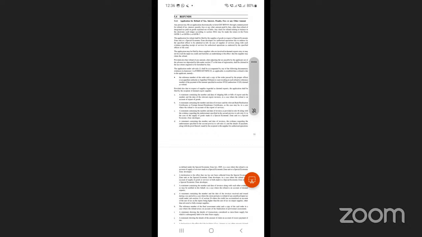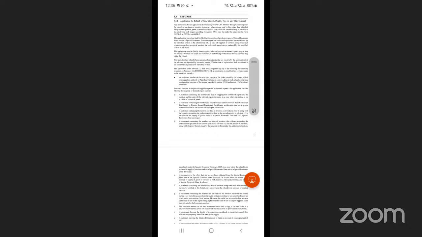When you want the full amount to be refunded, in such a case a specified officer has to endorse on that form. In case of the supplier of a service, along with such evidence regarding receipt of services, the authorized operations are endorsed by the specified officer of the zone.